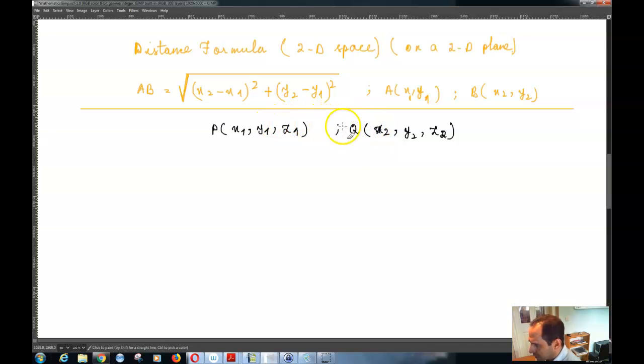So since that is the case, we have to make some changes to this formula. Or basically we need to see how we can find the distance of these 2 points in 3D space.